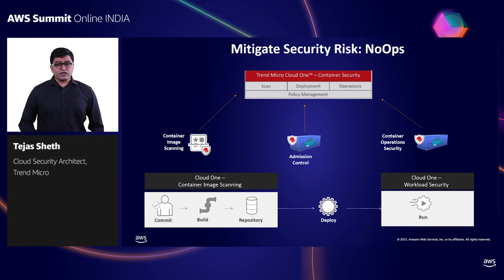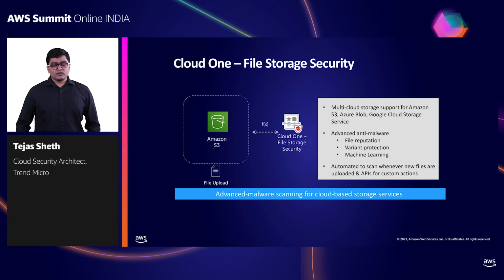This sidecar container will enforce the entire cluster to spin up only images that are secure and scanned in the previous stage. So if a developer tries to deploy a Docker image directly from his endpoint, he will not be allowed to do that. Now we have discussed compute, and we have discussed container security, right?